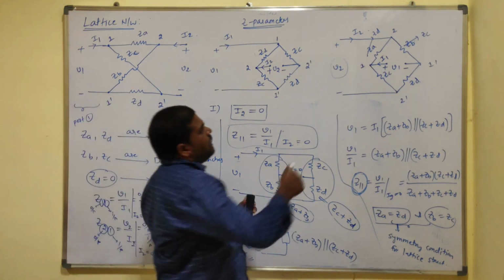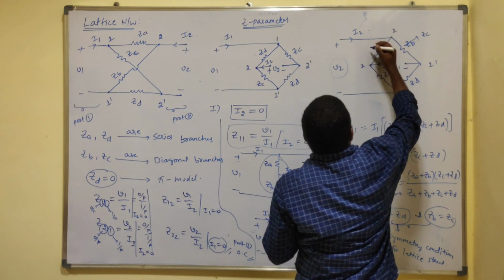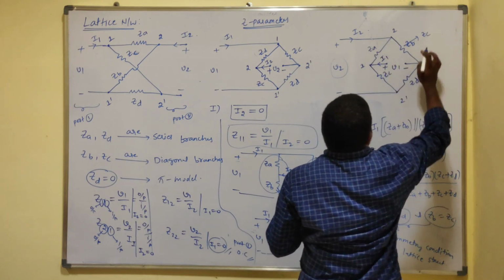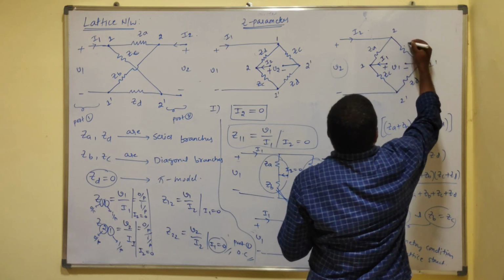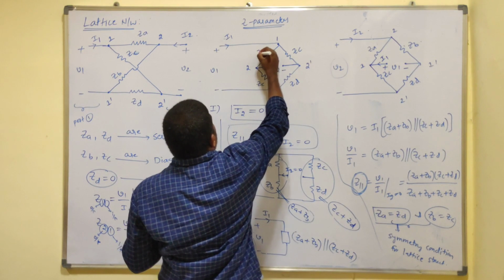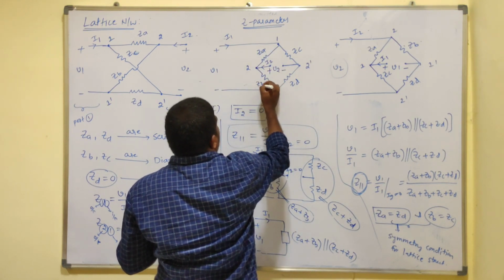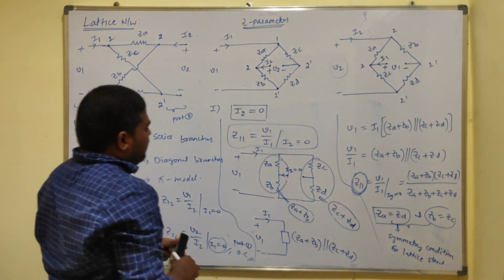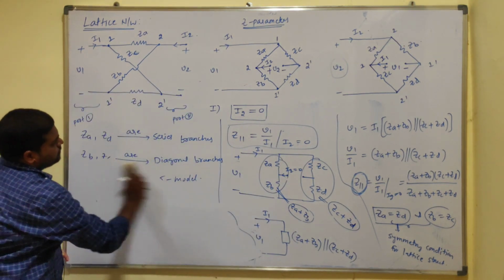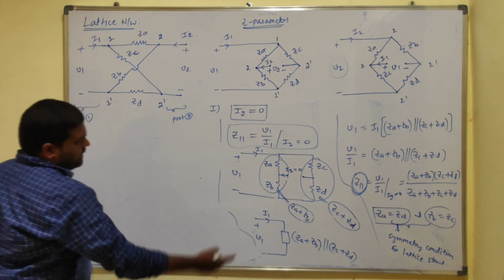Now here, I will remove this one. So here ZA equals ZD and ZB equals ZC.